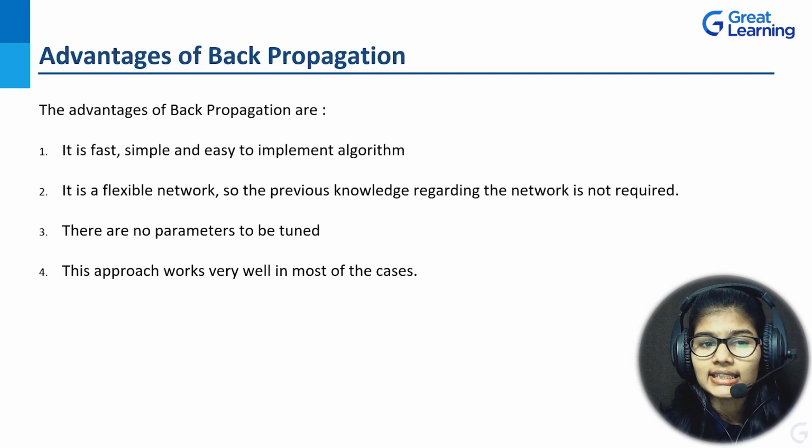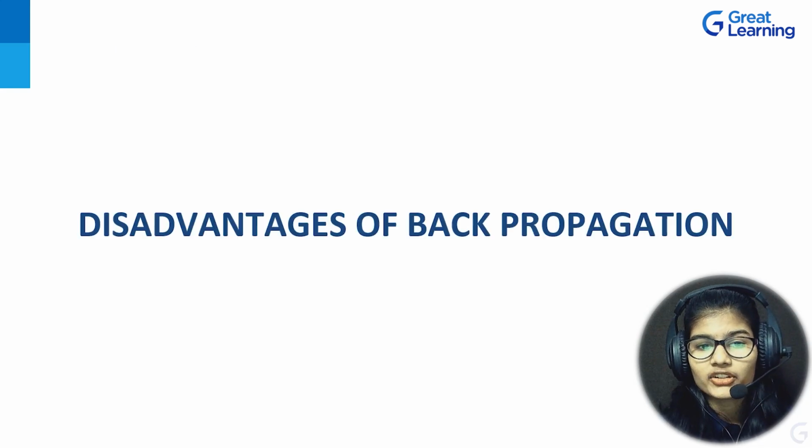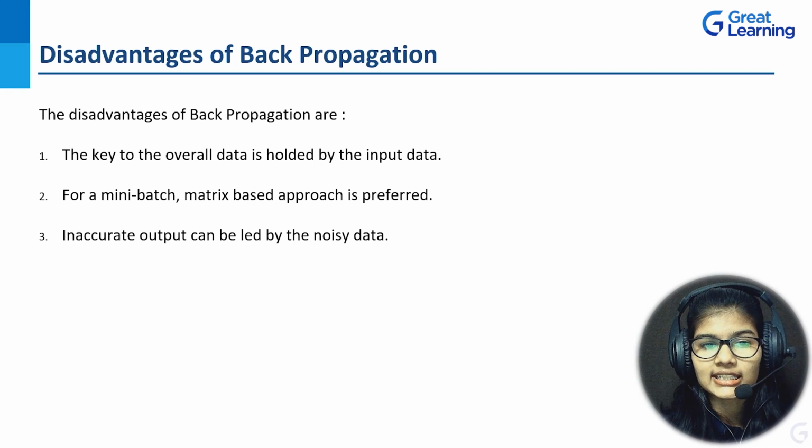Advantages: it is fast, simple and easy to implement. It is a flexible network, there are no parameters to be tuned, and this approach works very well in most cases. If we talk about the disadvantages, first, the key to the overall data is halted by the input data.